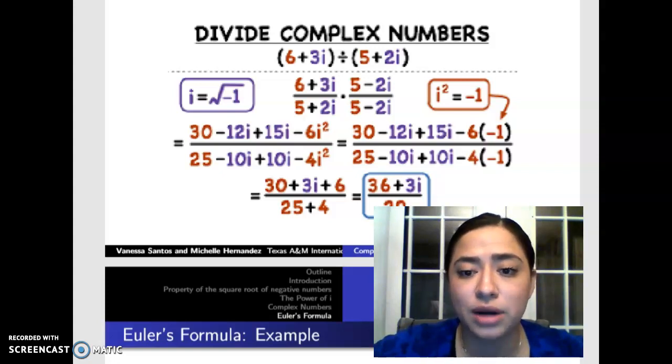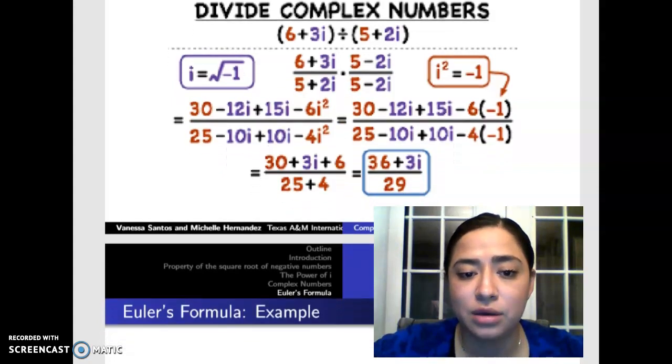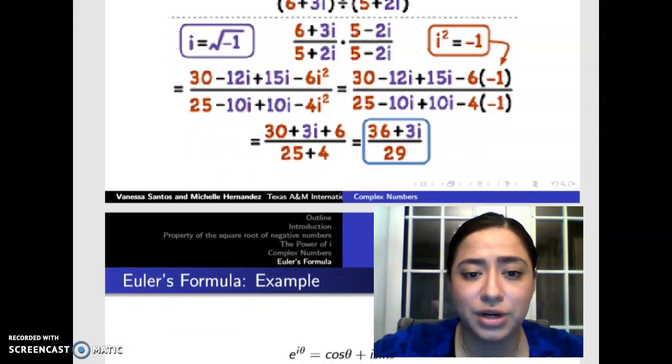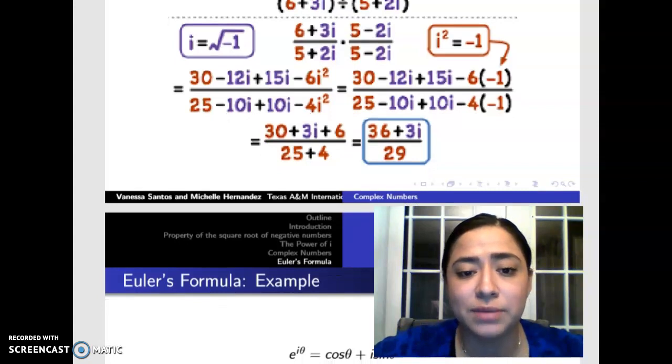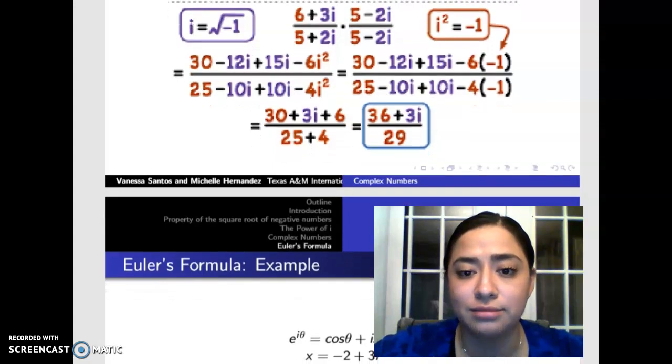Remember that i squared is equal to -1, so then we get 30 minus 12i plus 15i minus 6 times -1, all over 25 minus 10i plus 10i minus 4 times -1, which gives us 30 plus 3i plus 6, all divided by 25 plus 4, which equals 36 plus 3i over 29.